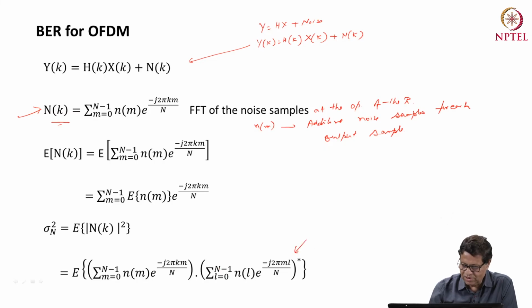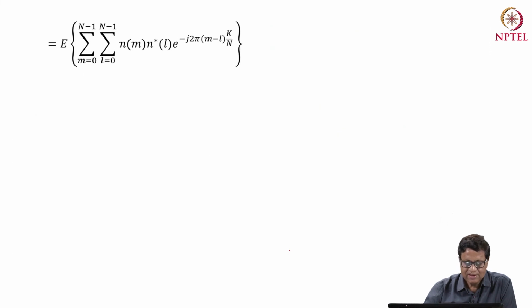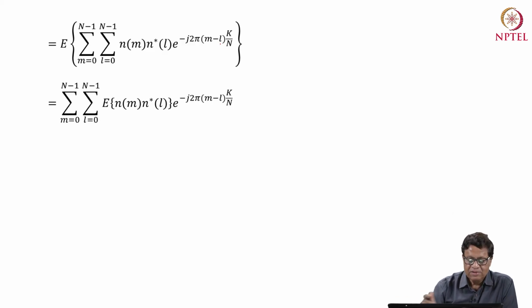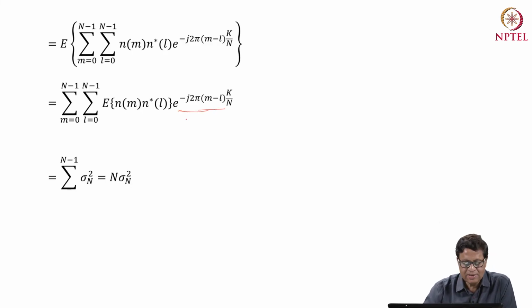So this is the conjugate part. You simplify this. This will give you the expected value of the double summation Nm into Nl conjugate, e raised to minus j 2 pi (m minus l)k by N. Now this expected operator can go inside, the summation can come inside, and this is also outside the expected operator.